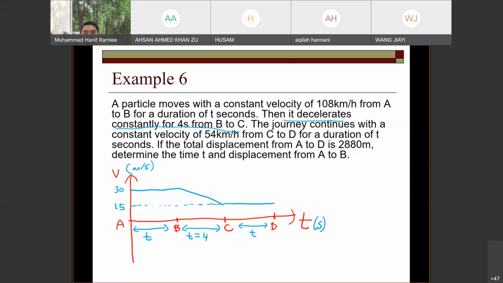From here, you can get the value of T later on using the area under the graph. For example, for the AB period, this area, as I mentioned to you, for the VT graph, the area should be S2 minus S1.